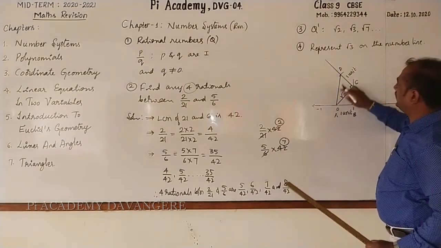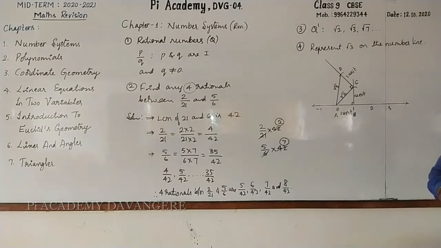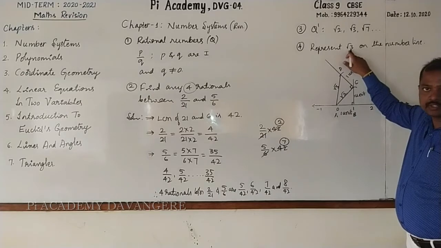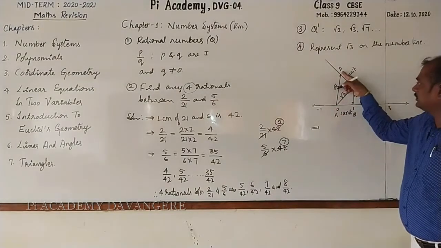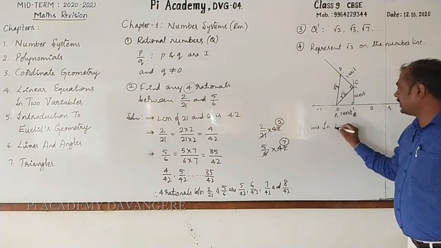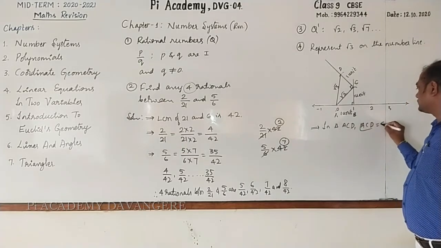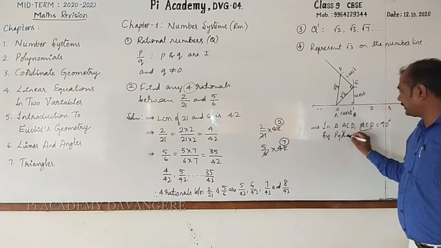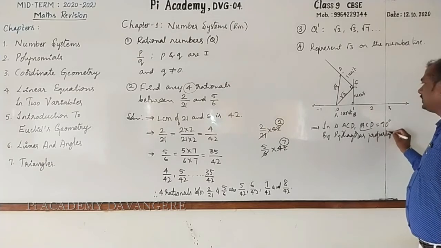What is the distance of AD? It is root 3. You can find out by using the Pythagoras theorem. As we are going to represent root 3, I will show you how to get AD as root 3. Take triangle ACD. In triangle ACD, you all know that angle ACD is 90 degrees. So by using the Pythagoras property, how do you write it?